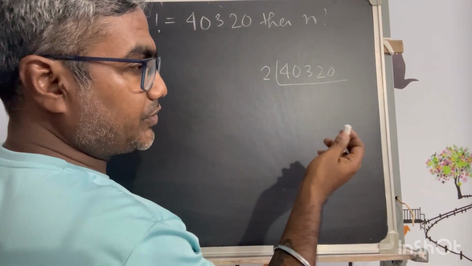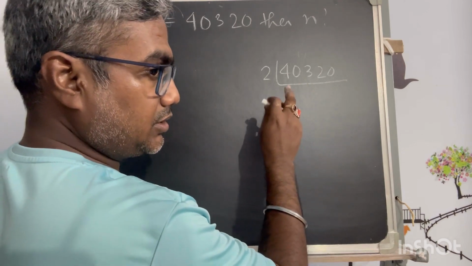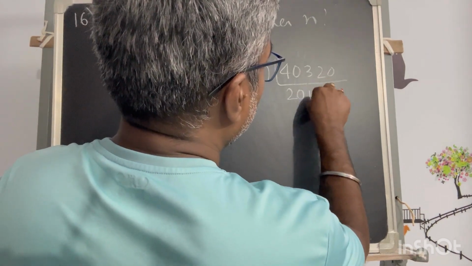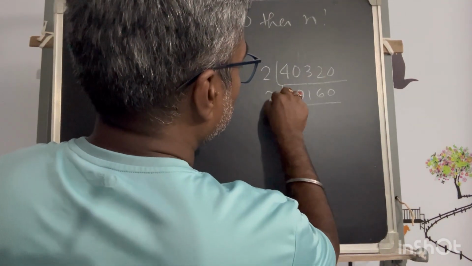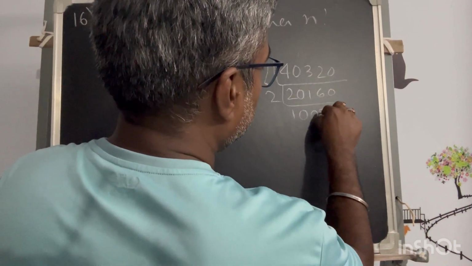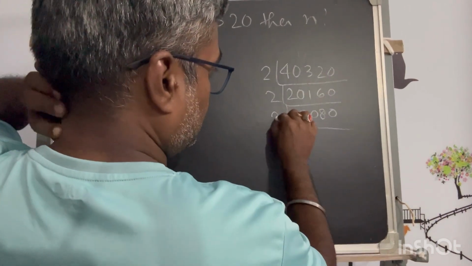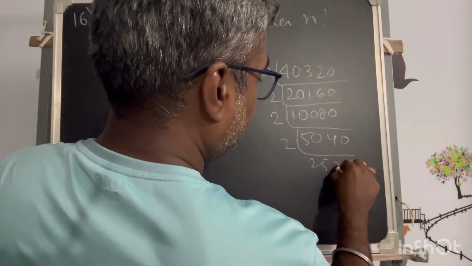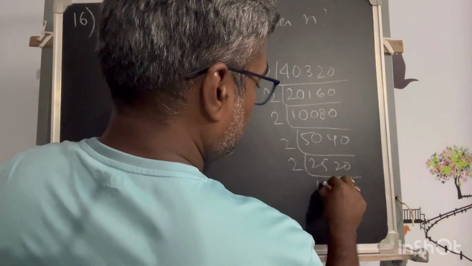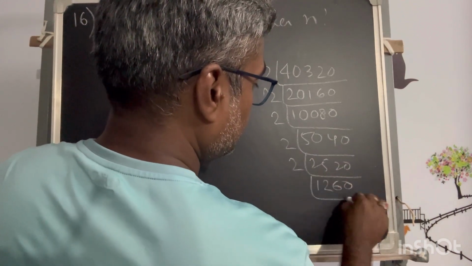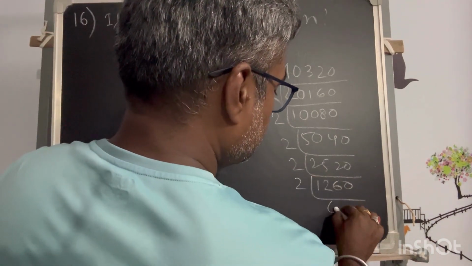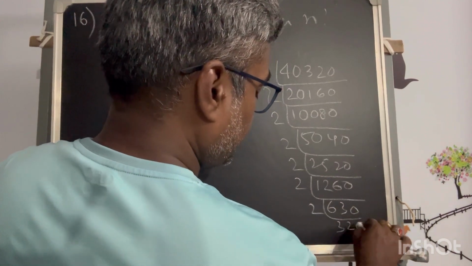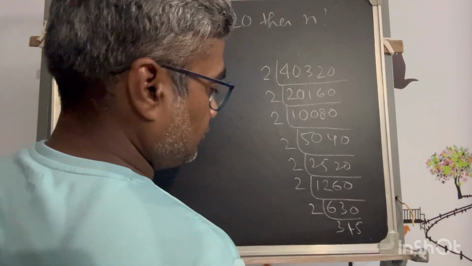Rule is we have to start factorizing from the least prime number. Least prime number is 2. So 2 divides 40320 to give 20160, then 10080, then 5040, then 2520, 1260, 630, 315. Then 3 divides 315 to give 105.